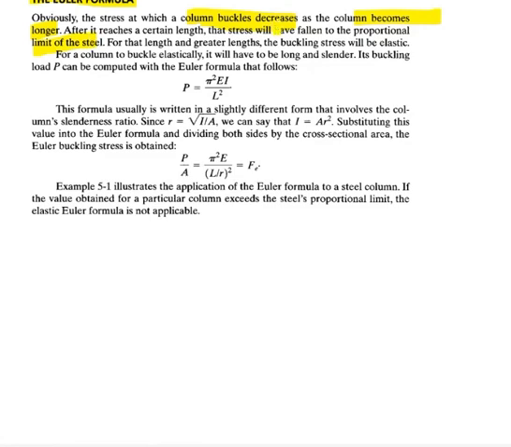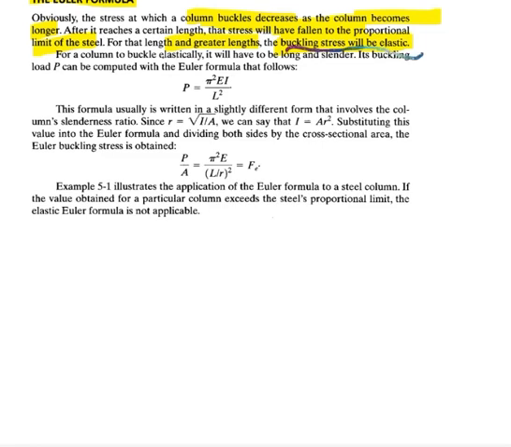Suppose, for example, it reaches a certain length, then the stress at which it fails will have fallen below the proportional limit of the steel. For that length and greater length, the buckling stress will be elastic. So this is very important. For that length and greater length, the buckling stress will be elastic. Okay, understand this: the buckling stress will be elastic.